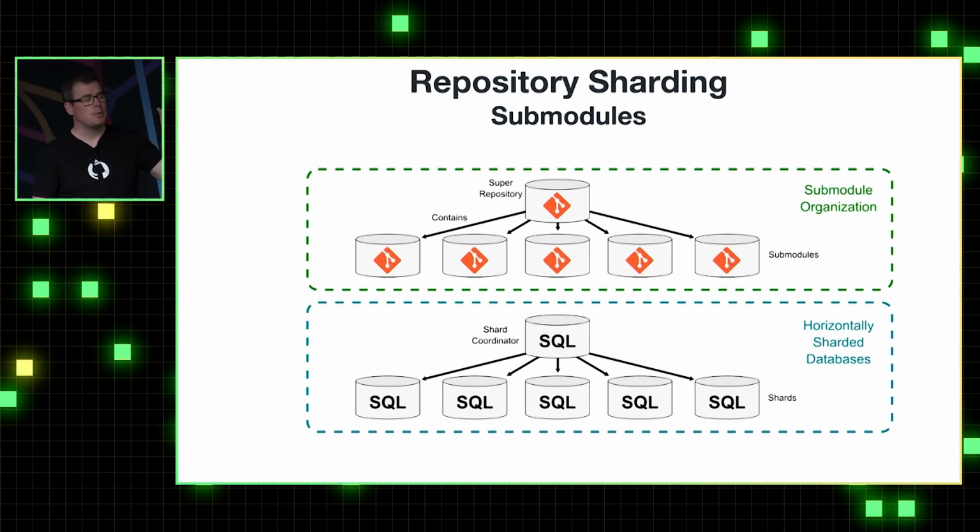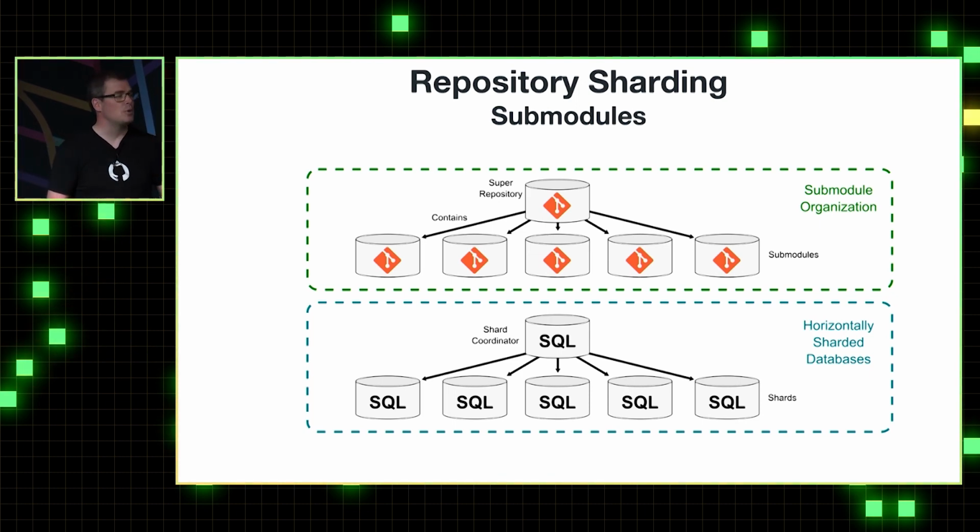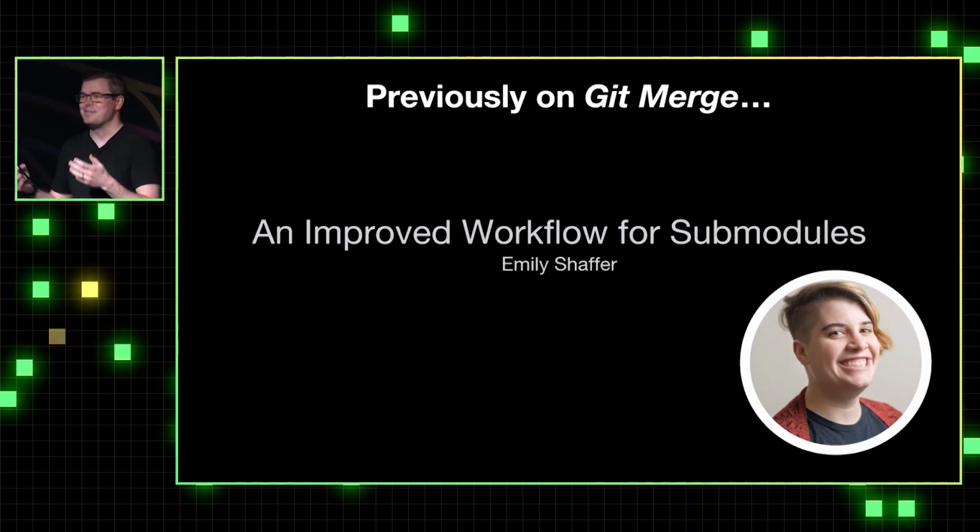In this way, the super project is in charge of what state each submodule is in when it contributes to that larger whole. That human overhead becomes easier because you can go to the super project in order to find all the different pieces of your repository. Now, you don't have to take my word for it, because you saw Emily talk earlier today about submodules. So I'll refer all questions to her as the expert in the space.